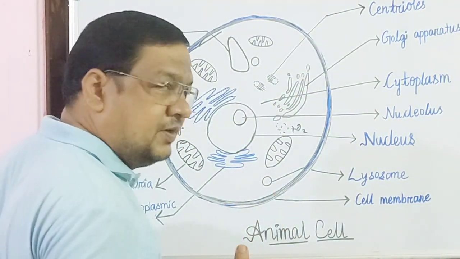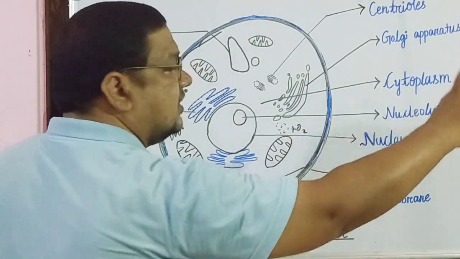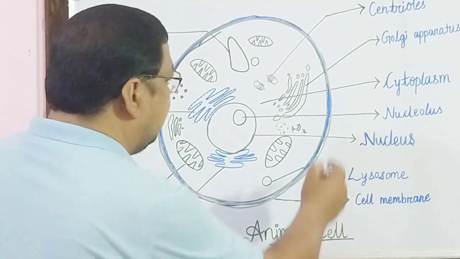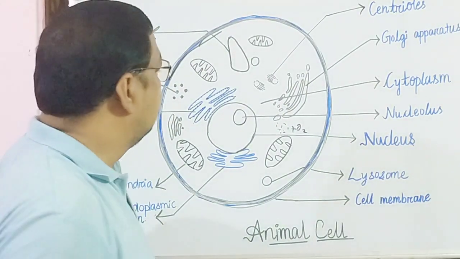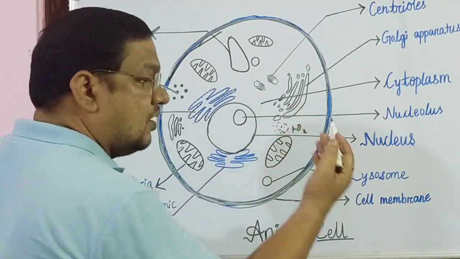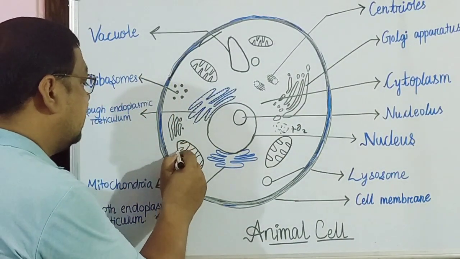So by the process of diffusion, carbon dioxide goes through the cell membrane to outside. Like that, oxygen enters into the cell through the cell membrane and reacts with the food particles, forms ATP, and which ATP is stored inside the mitochondria.